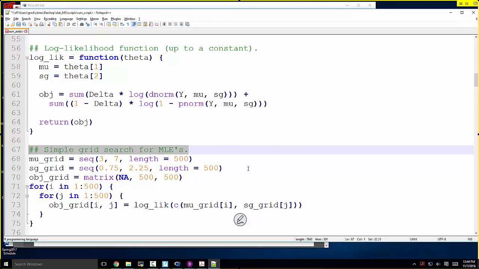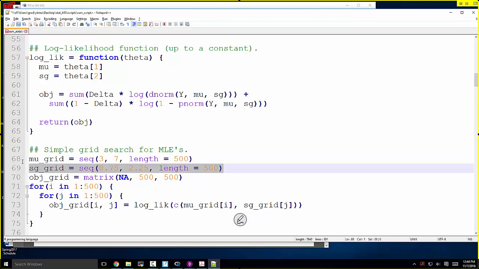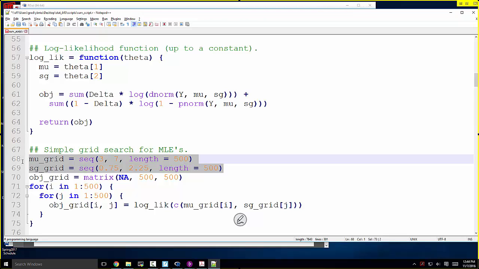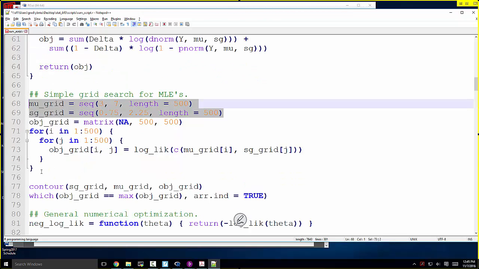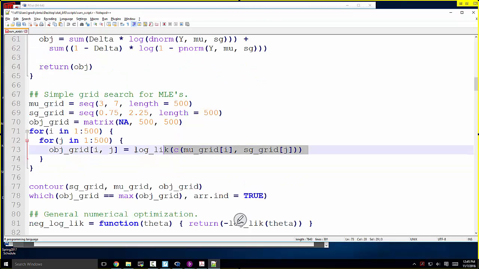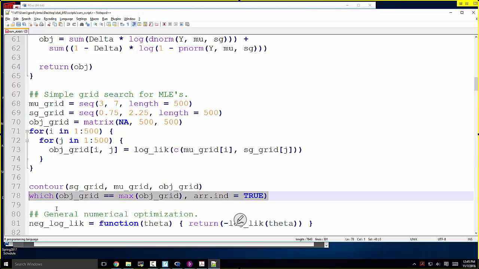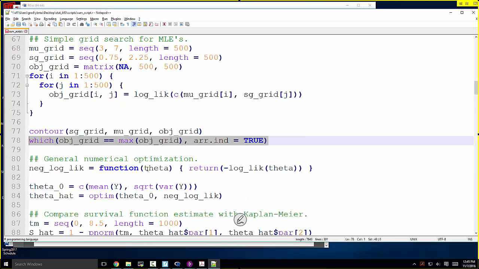That's what we did initially. Let mu be a partition from 3 to 7. Let sigma be a partition from 0.75 to 2.25. And then we can evaluate the log likelihood at every pair of possibilities, and then figure out which pair gave us the biggest likelihood. That's not the most efficient way to go about doing maximization of a likelihood.